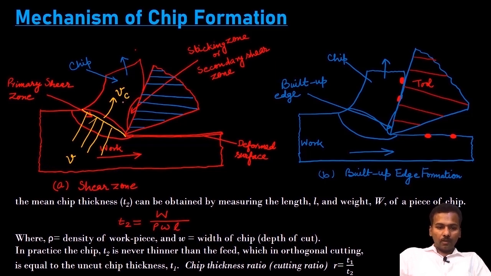C means chip. So there is a sudden transition from V to Vc after crossing this linear shear zone. This is not possible, because it can't convert instantly from V to Vc. It could only happen if the acceleration is infinite, which is not possible practically.